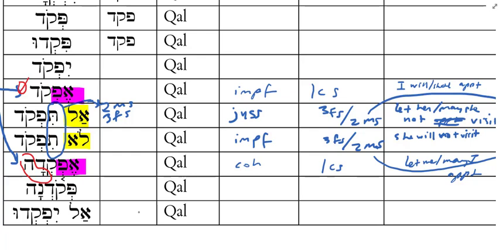I wish there were a way to add oomph to that will. Maybe all caps, underlined, maybe with some kind of an emoji right after it would be a good way to indicate that it's not just the, oh, hey, I will visit tomorrow, hope you're there. It's, hey, I'm going to come see you tomorrow. Billy says, no, don't visit. And I say, no, I will visit you and I will take you out, right? I would use the cohortative for that: I will visit you.